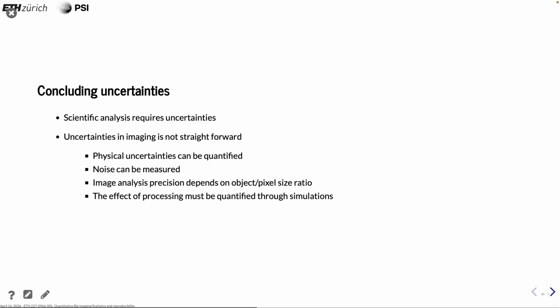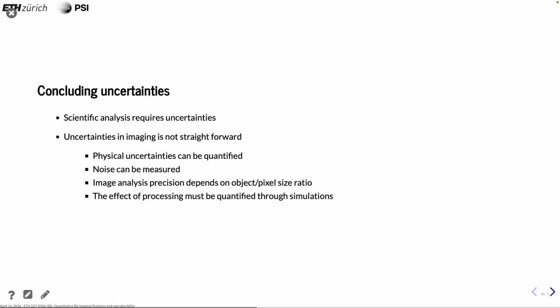And often the effect of the processing must be quantified through simulations, because many of these algorithms are so complex that it's not possible to derive an analytical uncertainty propagation through the whole chain. Just a simple case, for example computed tomography.